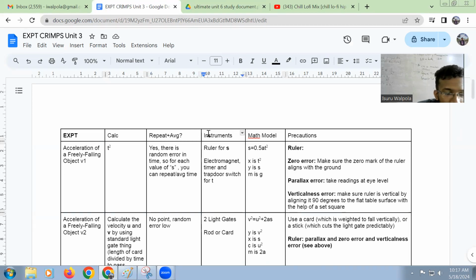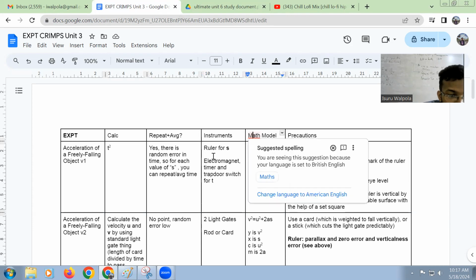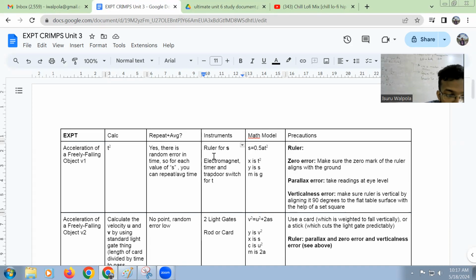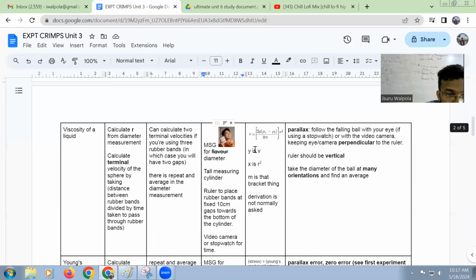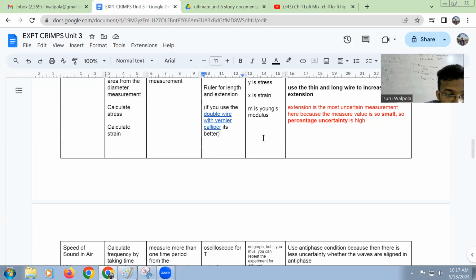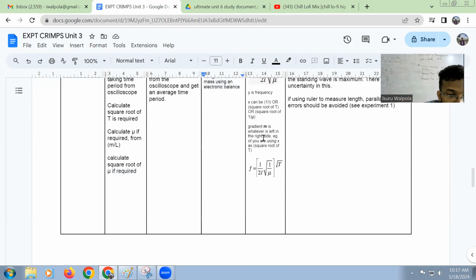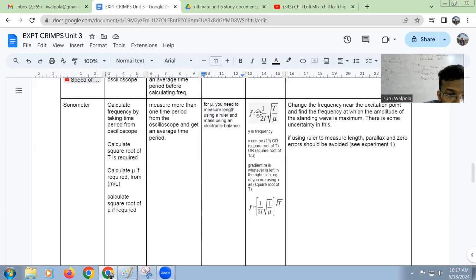Then I stands for instruments. So you should know what instruments are used for each measurement. M stands for mathematical model, what you use for drawing the graph. A lot of these are connected to the theory, but you need to modify the equation depending on what you are taking as your y and x.